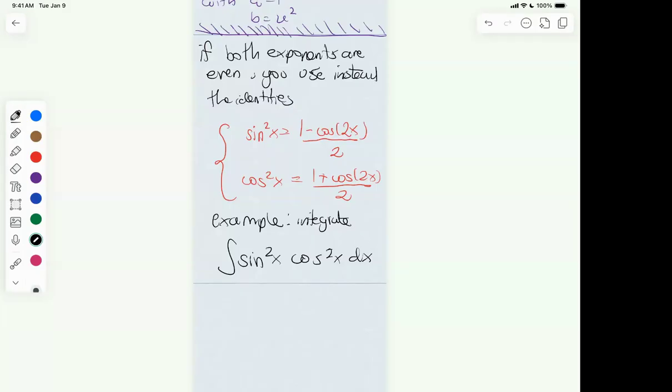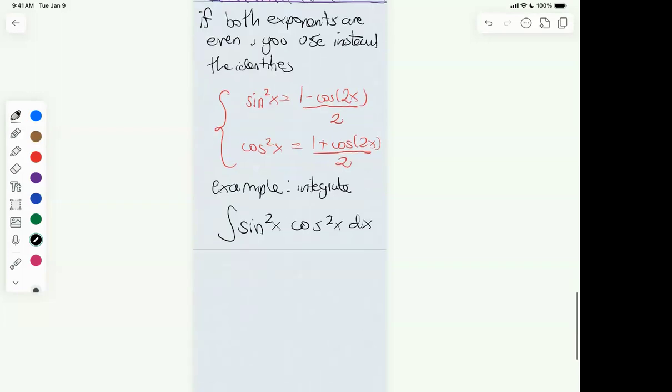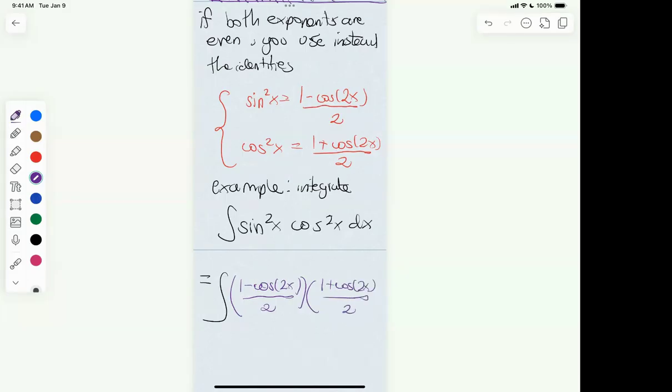So if you apply the identities, for sine square you get 1 minus cosine of 2x divided by 2, times 1 plus cosine of 2x divided by 2, dx.